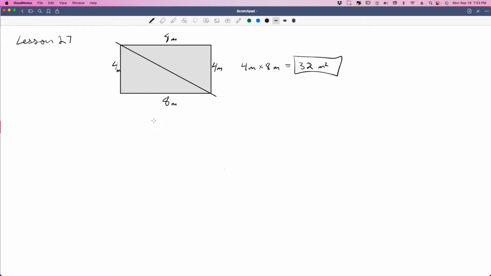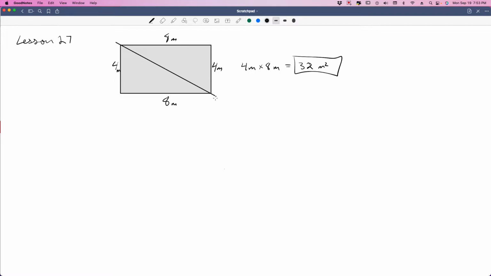But there's absolutely no way that this triangle can be 32 meters and this one can be 32 meters because the whole rectangle is 32 meters. By using logic, I can visually see that this line that created these two triangles cut this rectangle exactly in half.